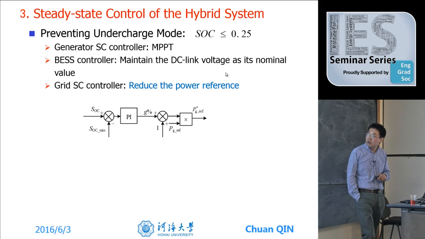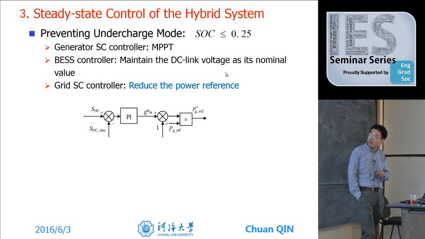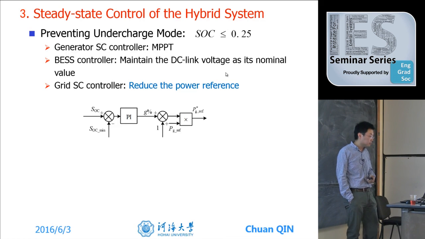The error between the SOC and the SOC minimum is the input of the PI controller. Then we add the generator power reference PG reference, and we get the new reference power of the grid side.